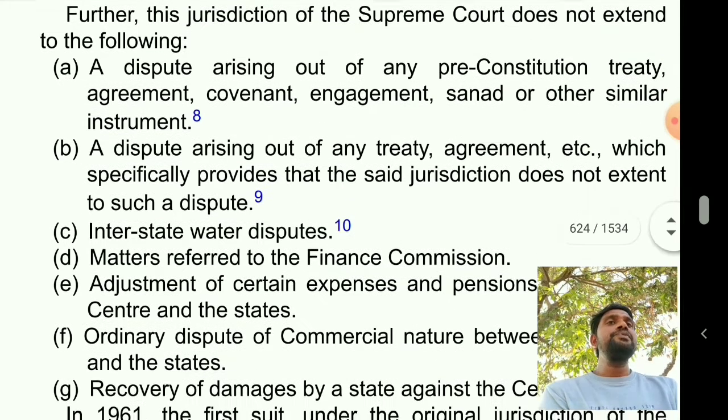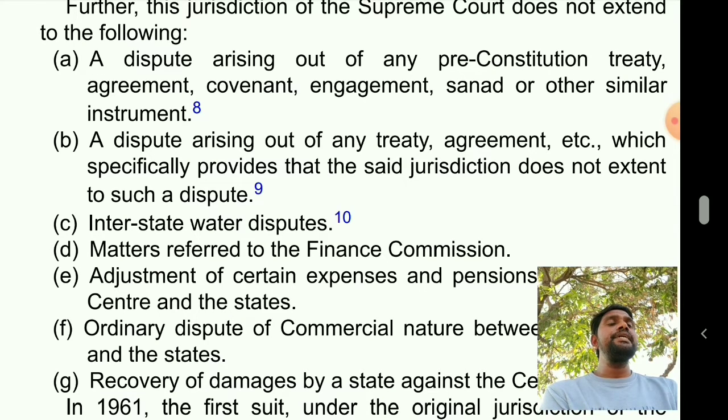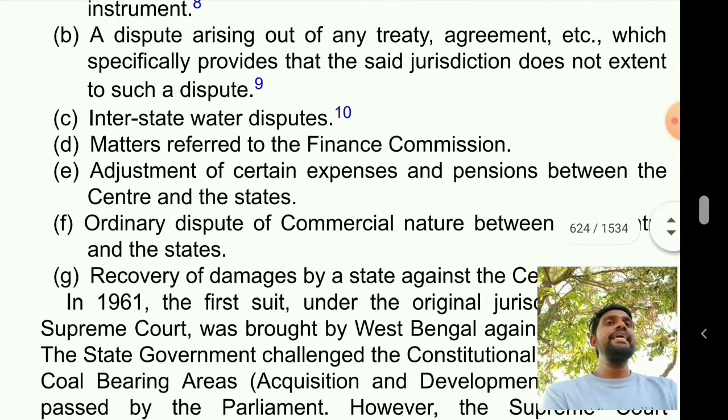A. A dispute arising out of any pre-constitution treaty, agreement, covenant, engagement, sanad, or other similar instrument. B. A dispute arising out of any treaty, agreement, etc., which specifically provides that the said jurisdiction does not extend to such a dispute.